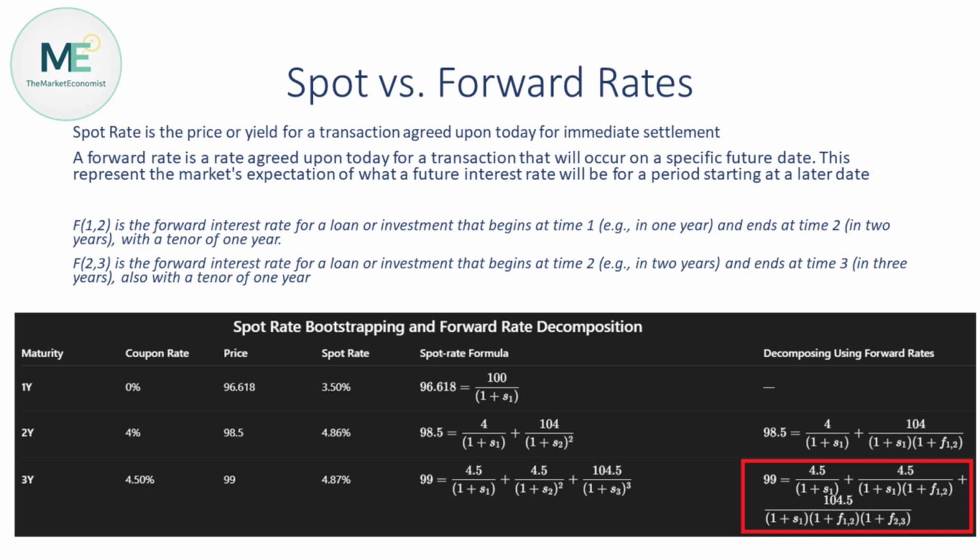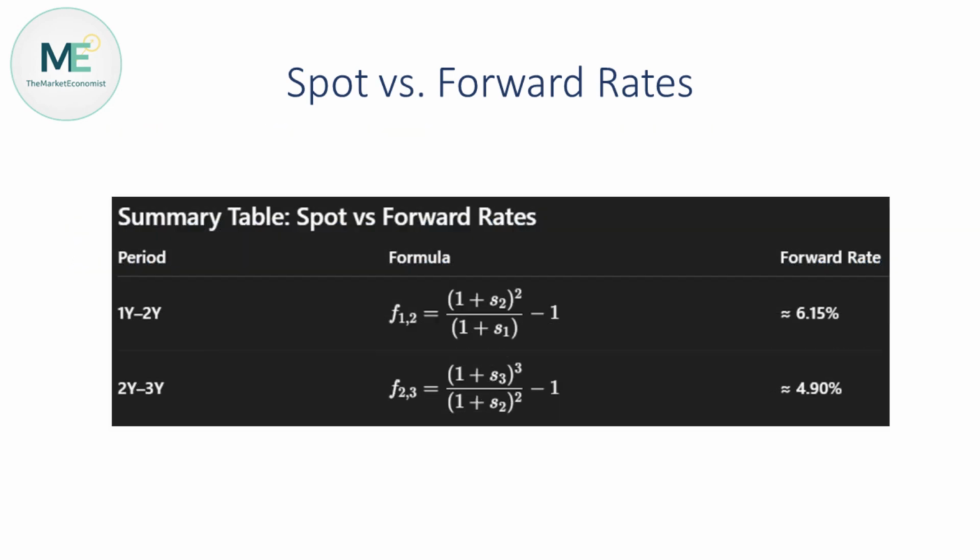That's how you arrive at F2,3. So F1,2 from this equation is (1 plus S2) squared upon (1 plus S1), minus 1, that is 6.15%, and F2,3 is equal to (1 plus S3) cubed upon (1 plus S2) squared, minus 1, which is 4.9%.